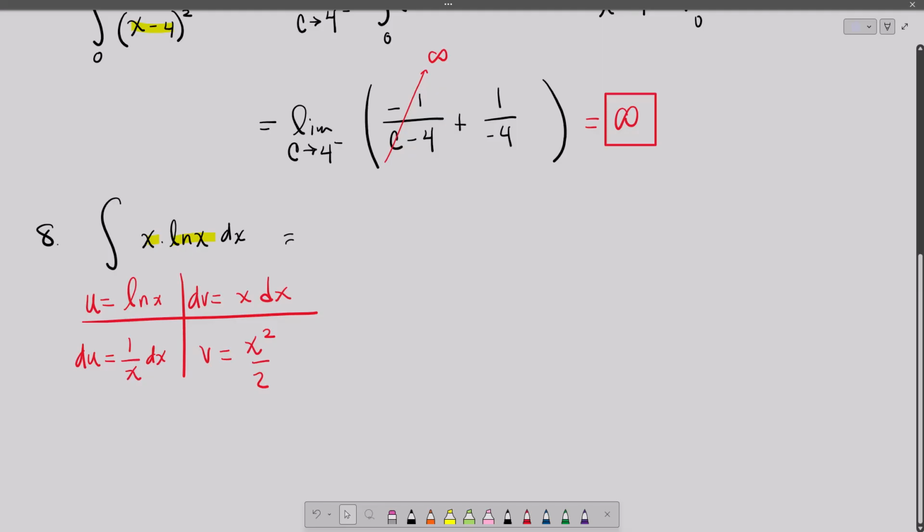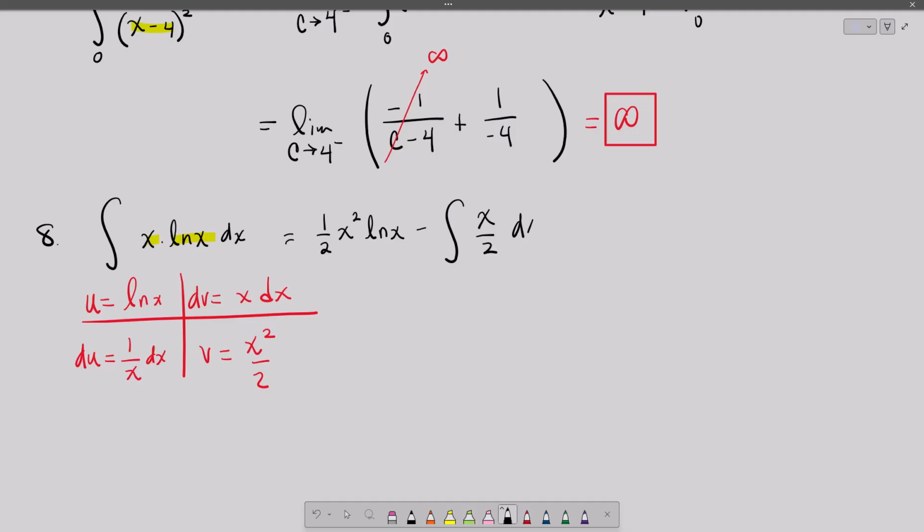And then we do the ultraviolet voodoo part. So ultraviolet voodoo, UV is the ultraviolet. So we have 1/2 multiplied by x squared multiplied by ln x. UV minus the integral of v du. And what we notice is that v multiplied by du, we're going to have an x that cancels, so we're going to end up with x divided by 2.